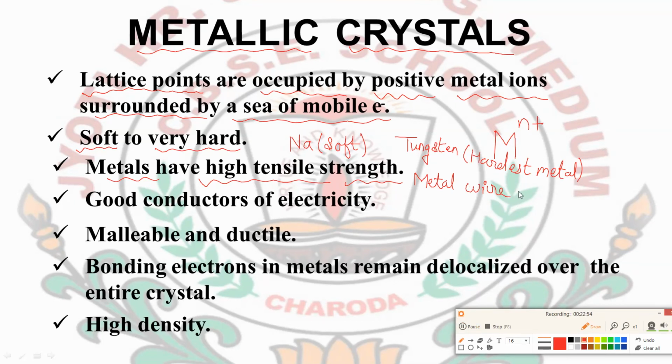This property is known as ductility, so the metals are ductile in nature, we know that. Next, they are good conductors of electricity. The metals are good conductors of electricity due to the presence of free mobile electrons here. They can conduct electricity very well.